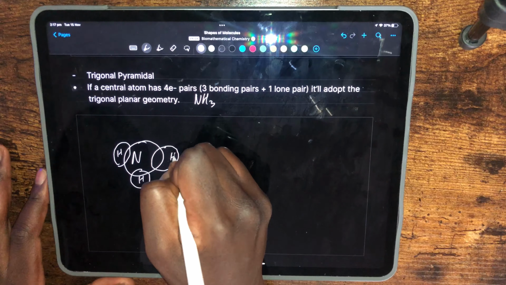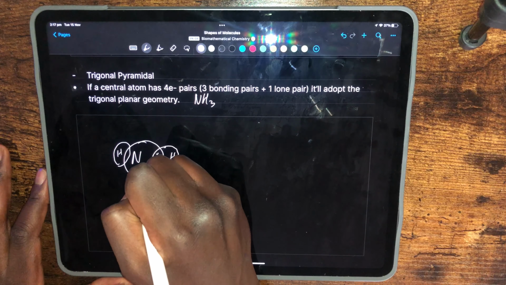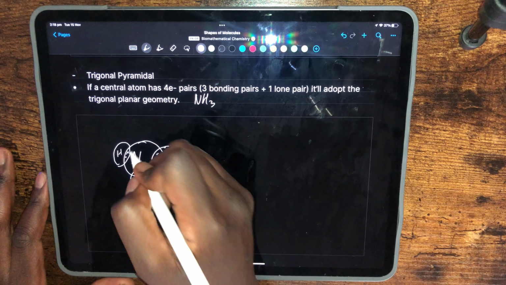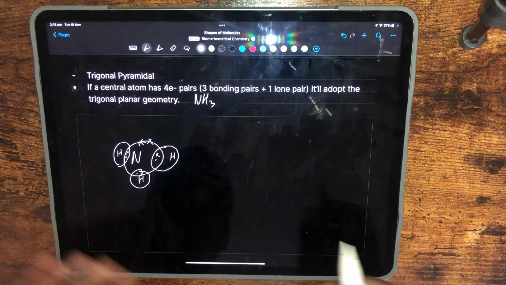The hydrogens will each give 1. So 1 from nitrogen, that's 1 from hydrogen there. 2 from nitrogen, that's 1 from the hydrogen there. 3 from nitrogen, that's 1 from the hydrogen there. And then 4, 5, right? Because nitrogen's in group 5. That's 1 lone pair, 3 bonding pairs.